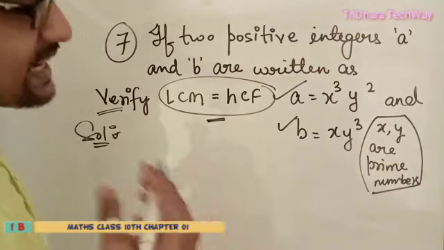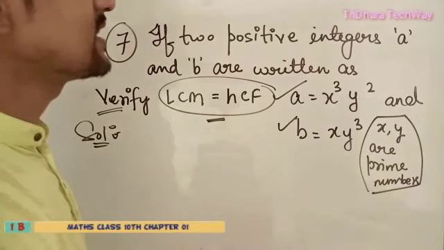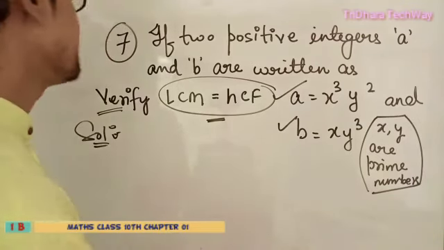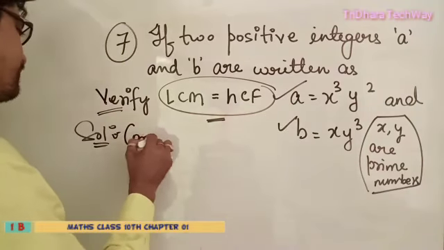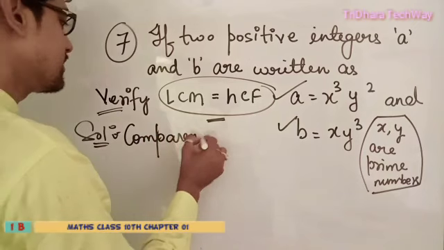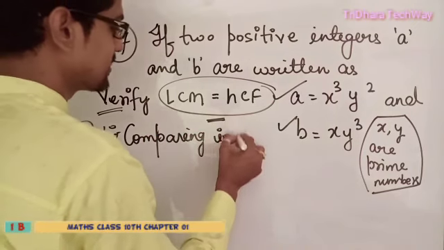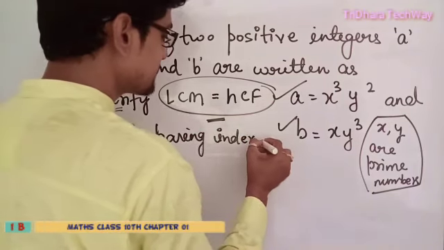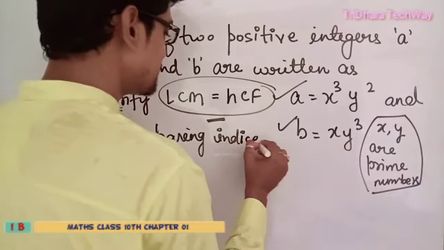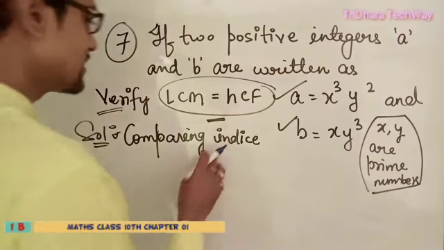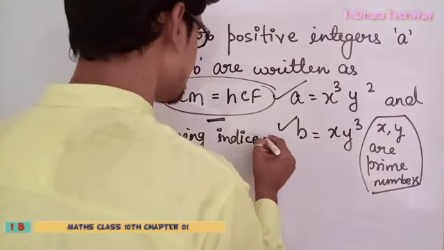If you know indices, surds, powers, exponents, roots, you will easily solve this type of question. Look at that. Comparing indices. When you are using the plural form of index, you should write indices.